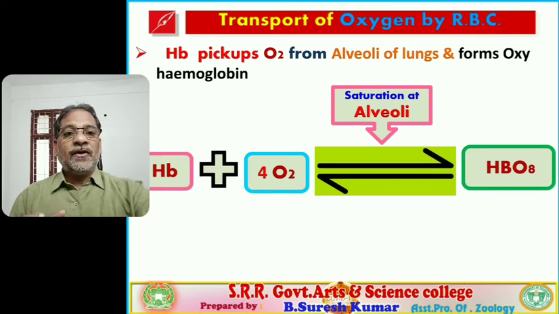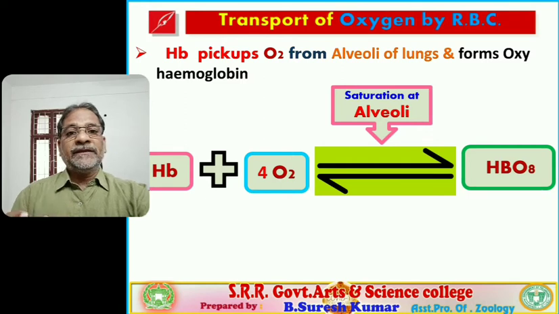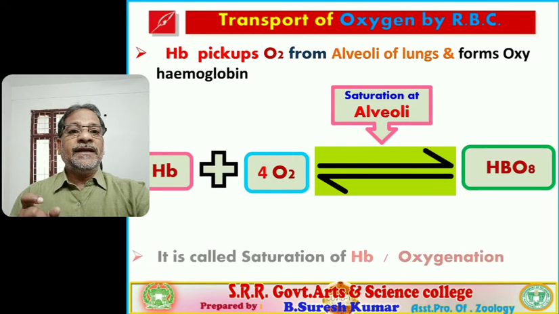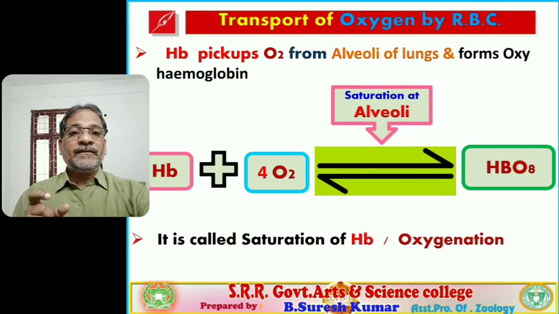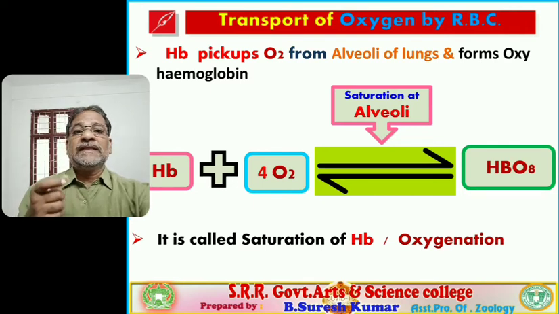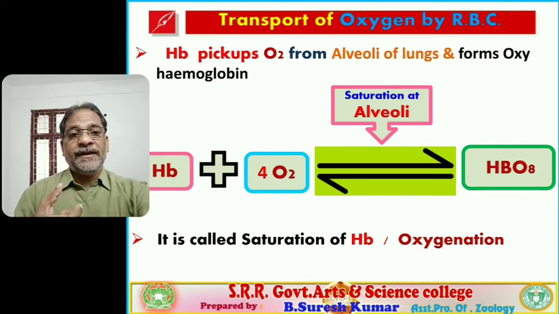So, four oxygen molecules bind with hemoglobin and produce HbO8. This compound is called oxyhemoglobin. The formation of oxyhemoglobin is nothing but saturation of hemoglobin, oxygenation of hemoglobin.